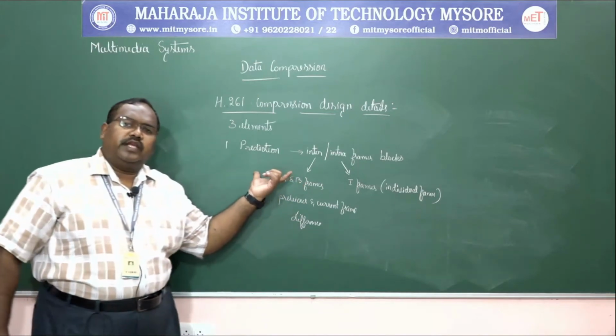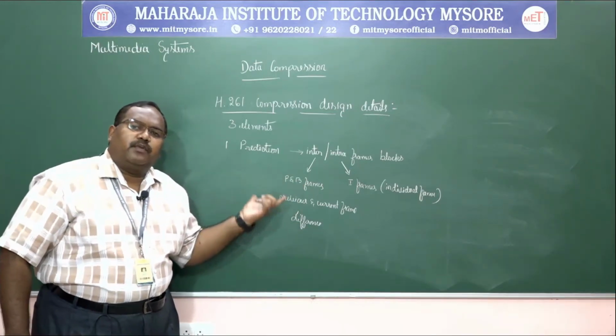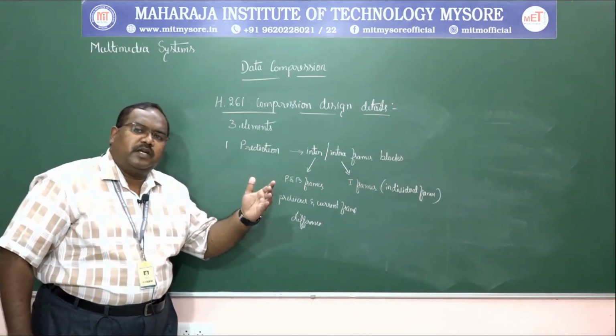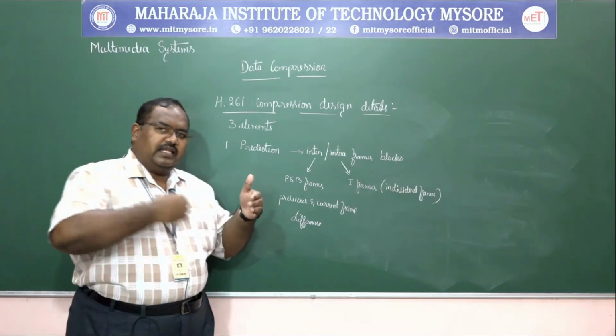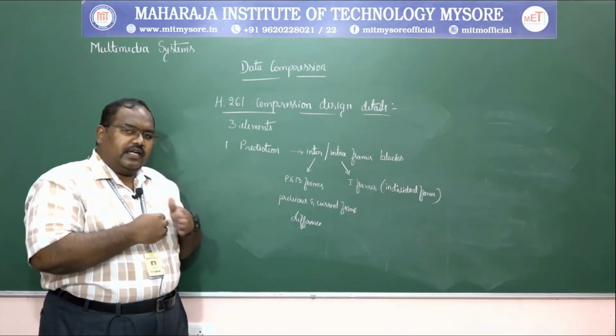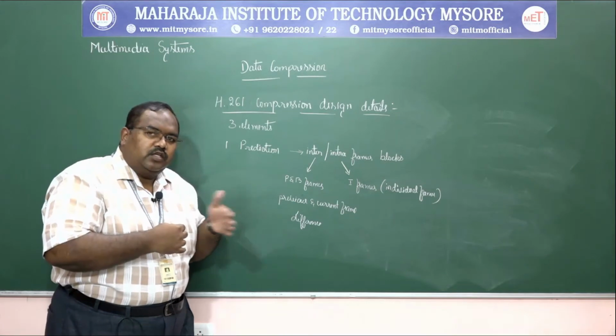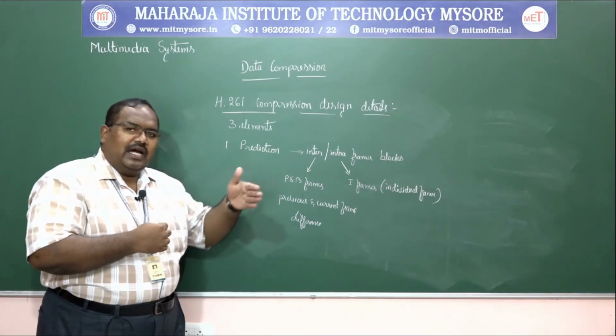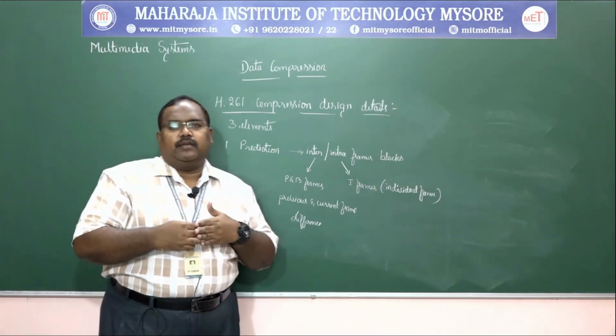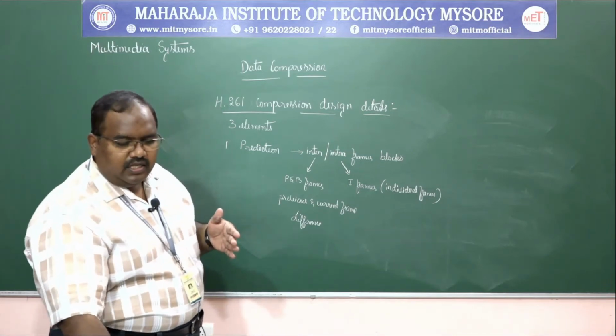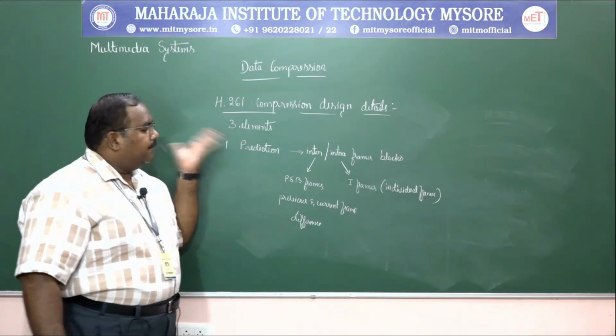Because we have P and B, which provide the difference between the previous and the current, we are able to assess the continuity in between. So this is the first one, the prediction.